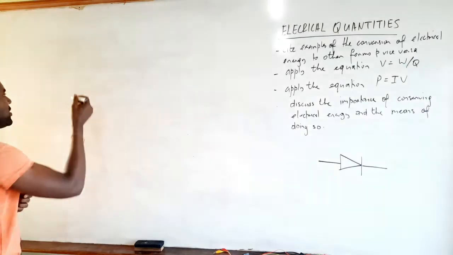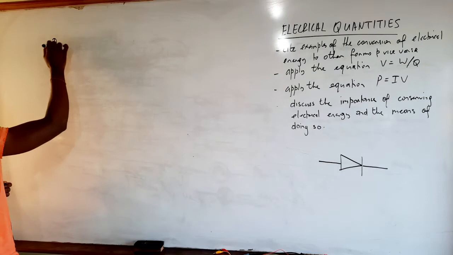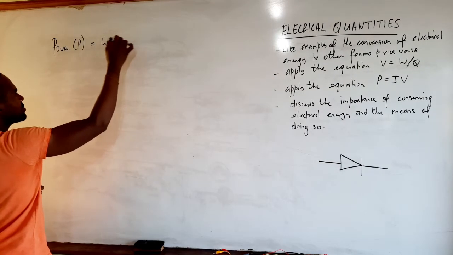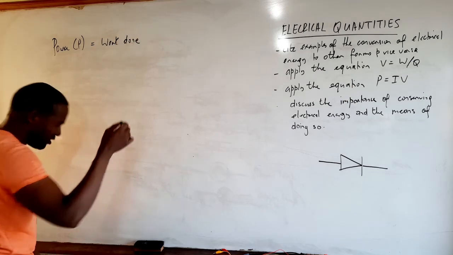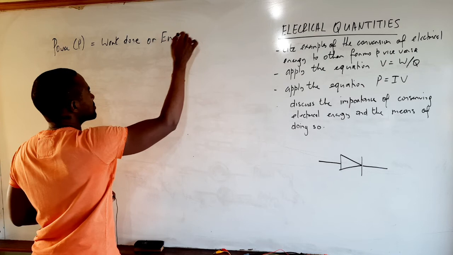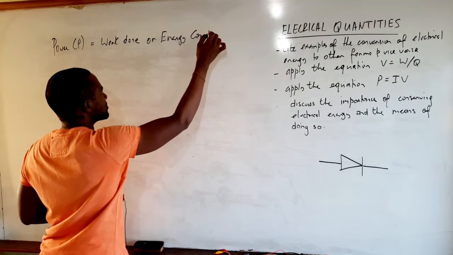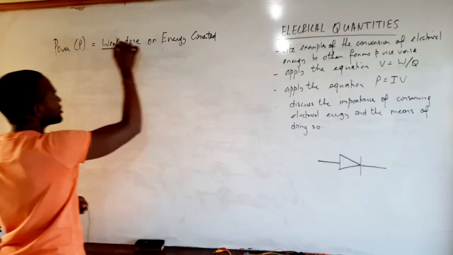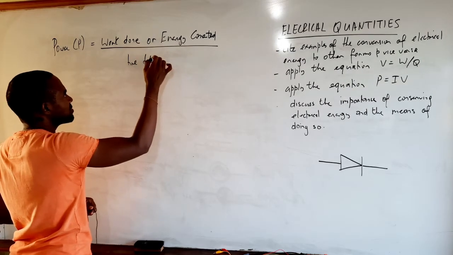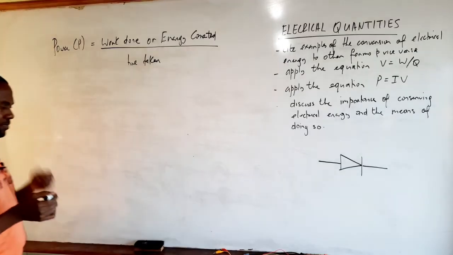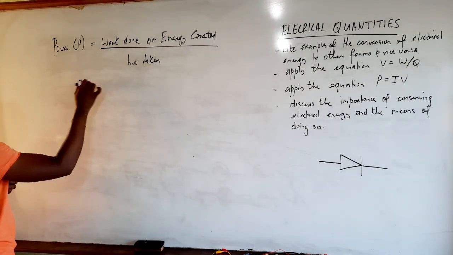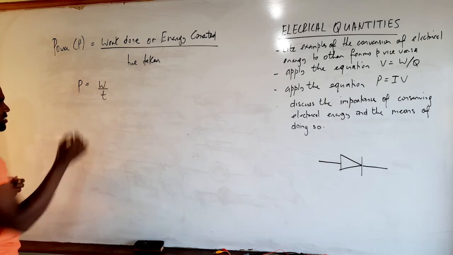So usually we can say that power, P, is equal to work done or energy converted divided by time taken, right? So using the symbols, we can then say P equals W over T.